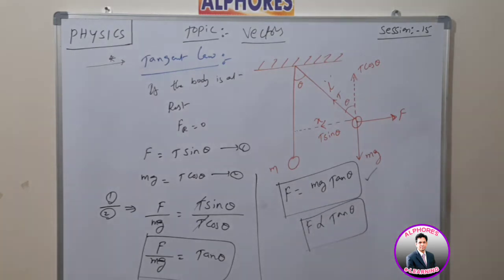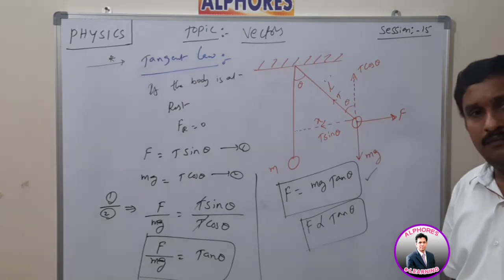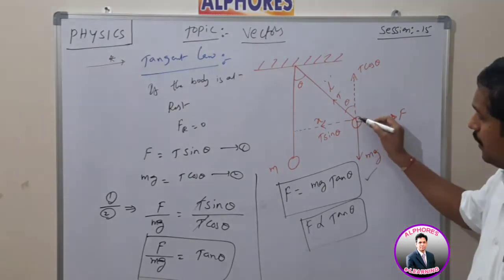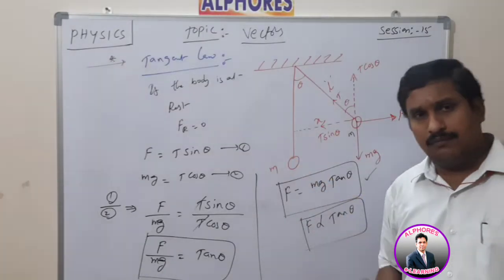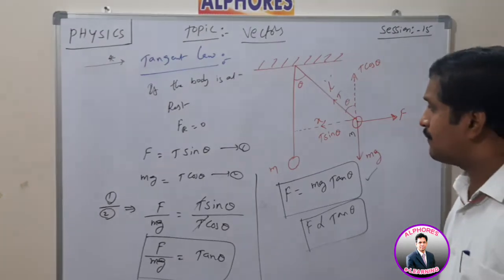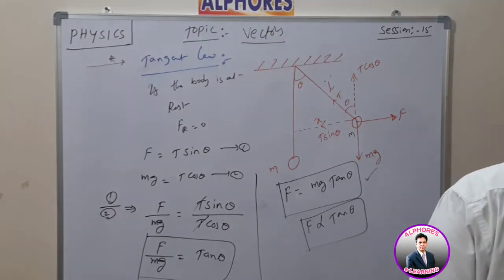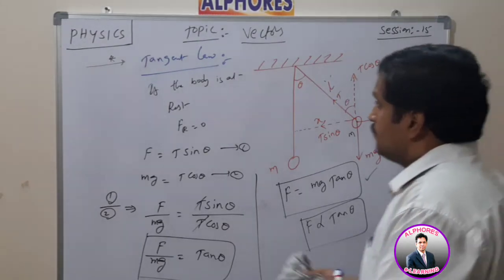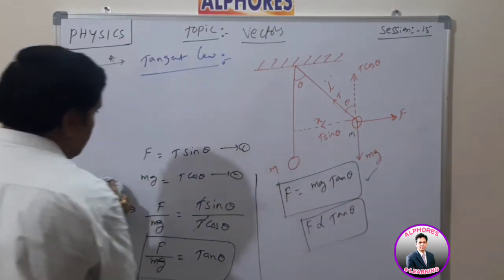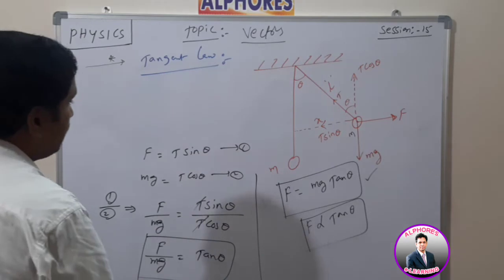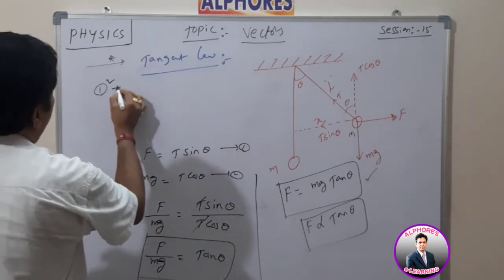Now, what happens to the tension developed in the string? This body is at rest at this position. What is the tension developed in the string? As per equations number 1 and 2, please tell me how to find the tension. Here I am taking 1 square plus 2 square.